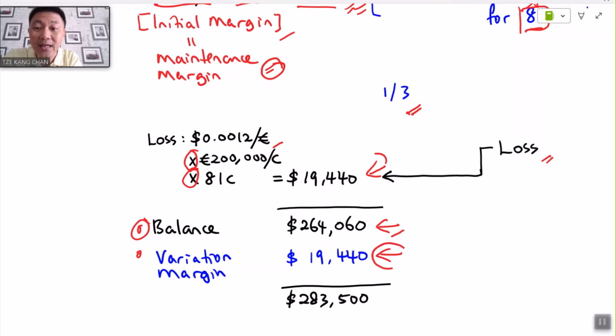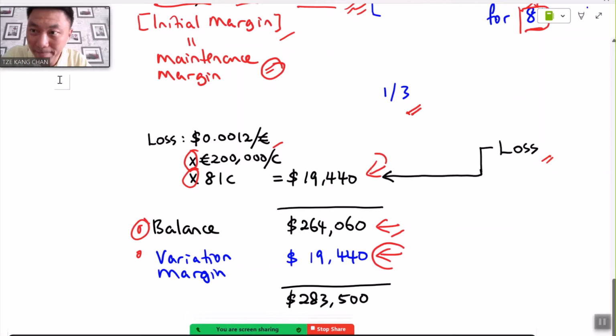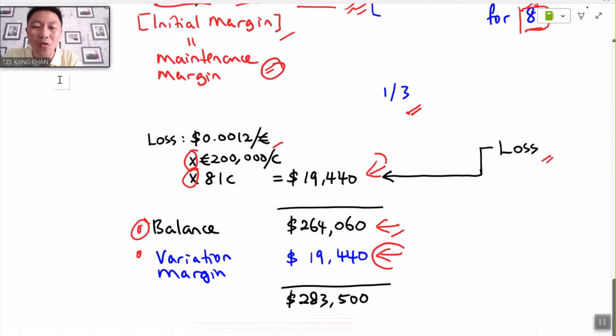Once the variation margin is deposited, the account balance is restored to 283.5 thousand. That is how the mark-to-market process ensures the account's position remains valid and open until the futures transaction takes place.